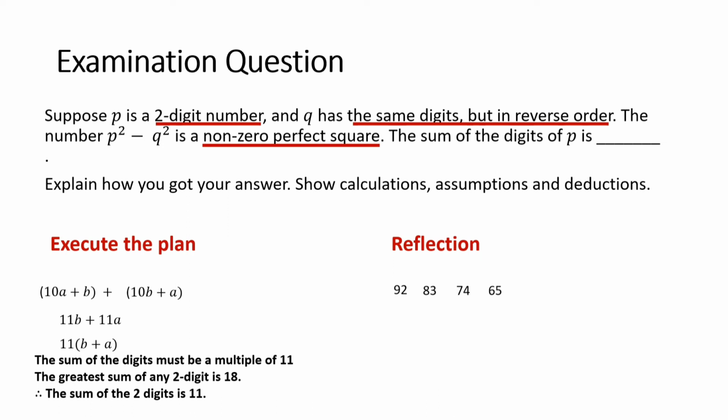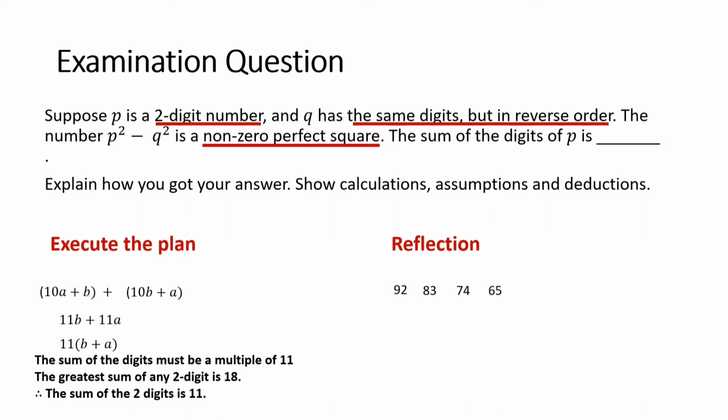Simply because 9 plus 2 is 11, 8 plus 3 is 11, 7 plus 4 is 11, and 6 plus 5 is 11. These numbers would also be reversed because they said that Q will be the reverse of these numbers.